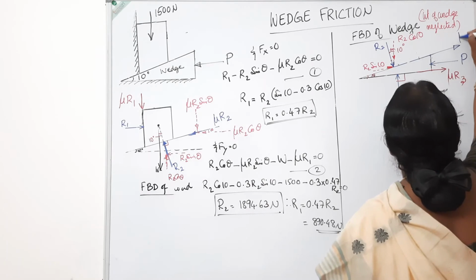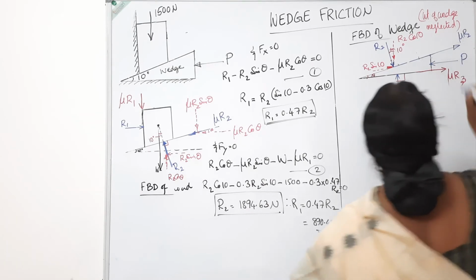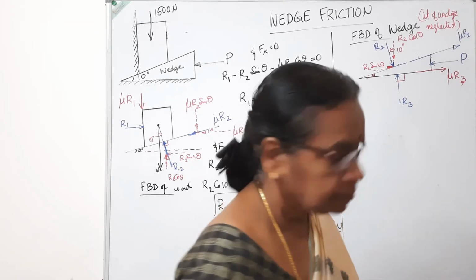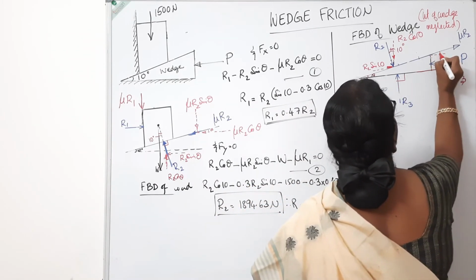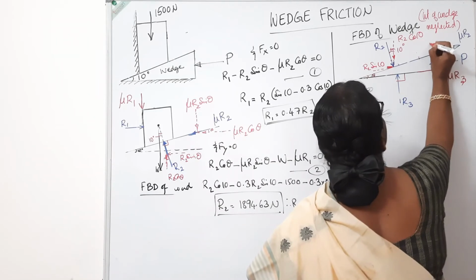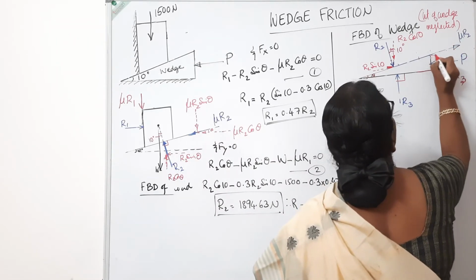This is mu R2, making an angle theta, and it is acting away from the joint.